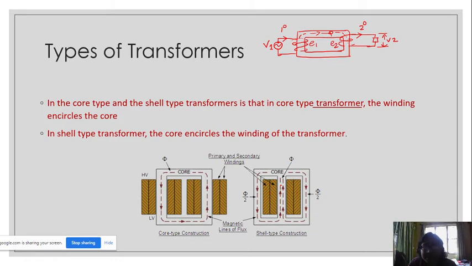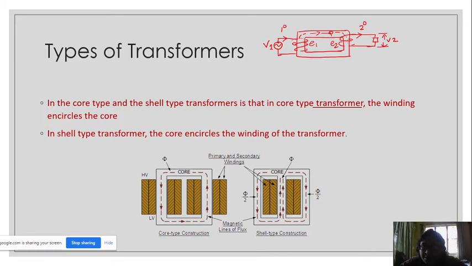Generally shell type transformers are very small transformers, and most of the transformers we get to see are basically core type transformers. So only this amount of information I would like to give you on transformer construction.